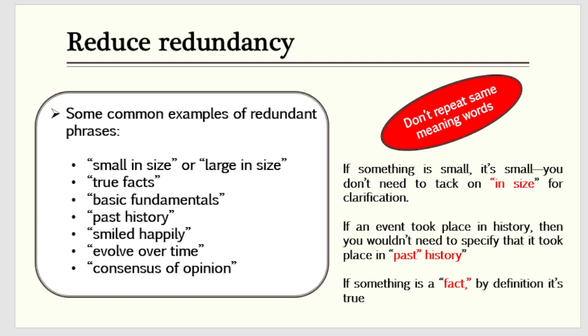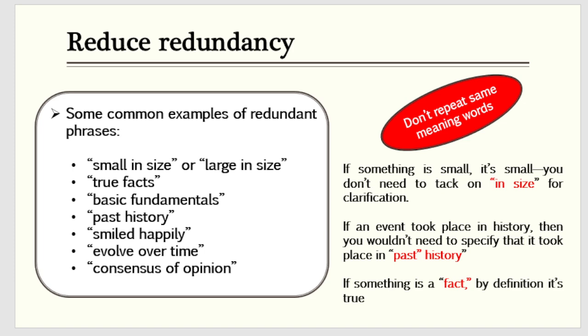How can we reduce redundancy? Some common examples of redundant phrases are small in size or large in size, true facts, basic fundamentals, past history. Small or large is always about size, so no need to mention size, you just say they are small, they are large. Also true facts: true and facts are the same, if it's a fact, it should be true.